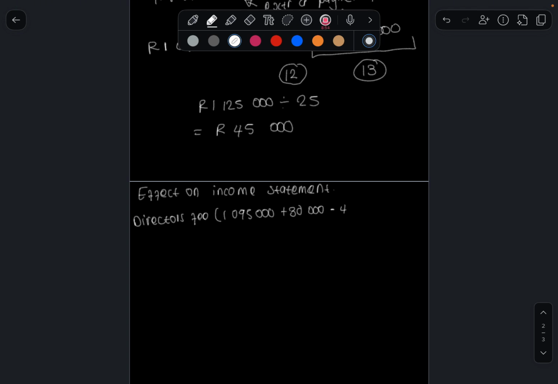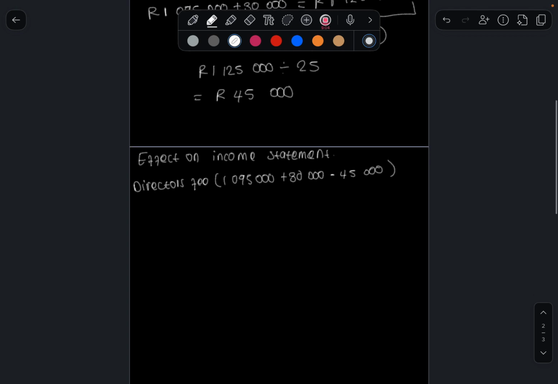We're going to add back the 30,000, and then we're going to subtract the 45,000 because it's not within the financial year, right? And then that's going to be our effect on the income statement, and then the effect on the financial position. Let me just say financial position statement.